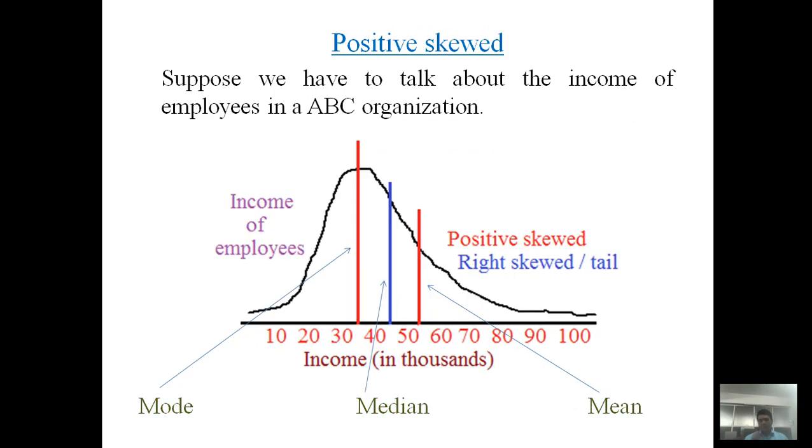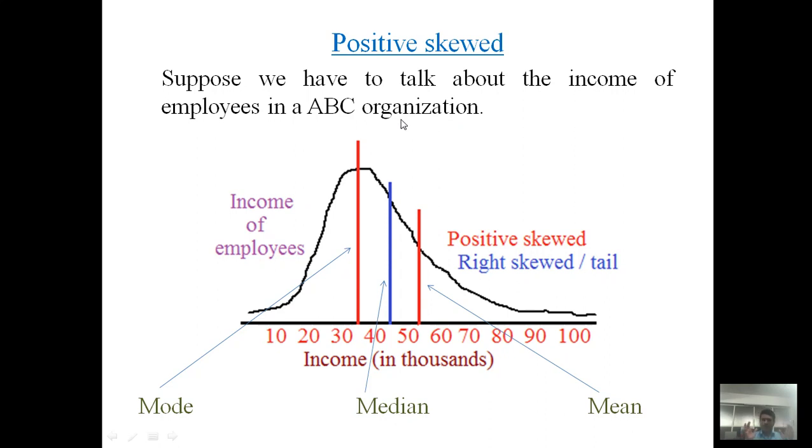Now second, we have to study the second type of skewness, that is positive skew. Again, to understand what positive skew is, we consider one example. Let's suppose we talk about the income of employees in a particular organization, say ABC organization.